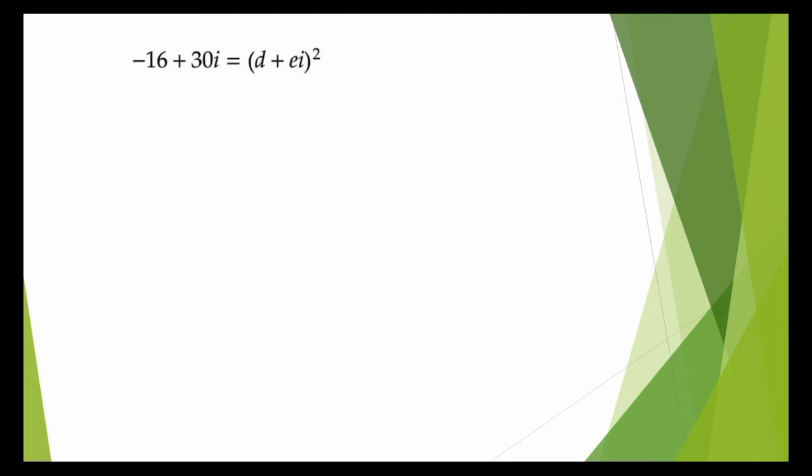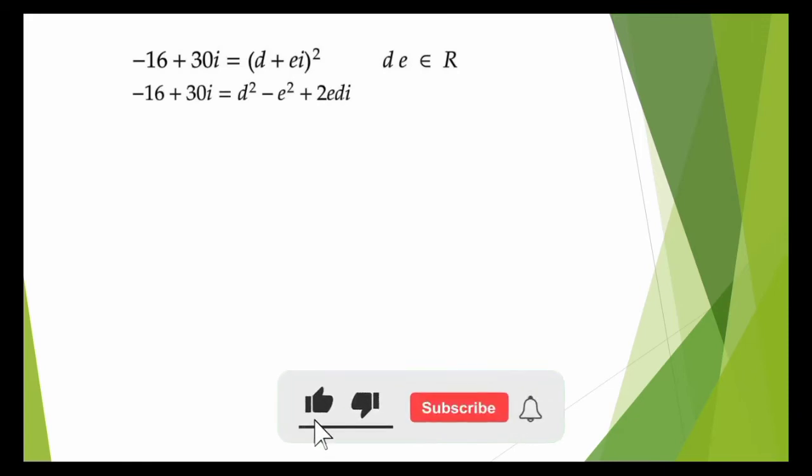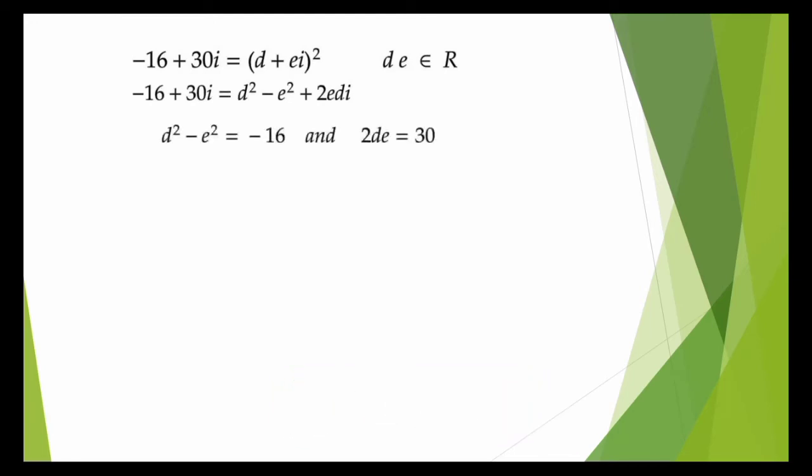So we can simply say that minus 16 plus 30i equals (d plus ei) whole square, where d and e belong to the reals. Next, we expand the right hand side and obtain d square minus e square plus 2edi. By comparing the real and imaginary parts with the left hand side, we can say that d square minus e square equals minus 16 and 2ed equals 30.